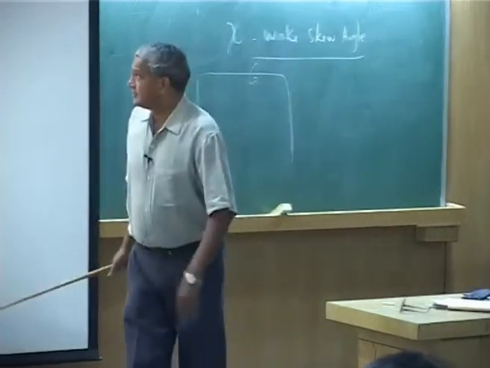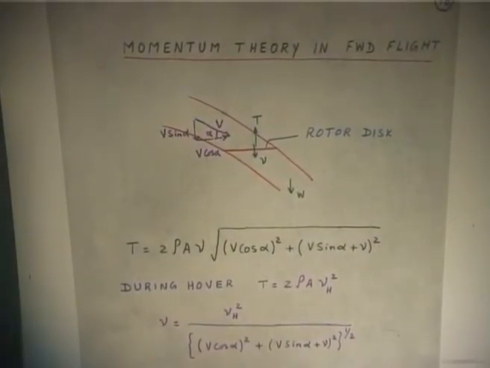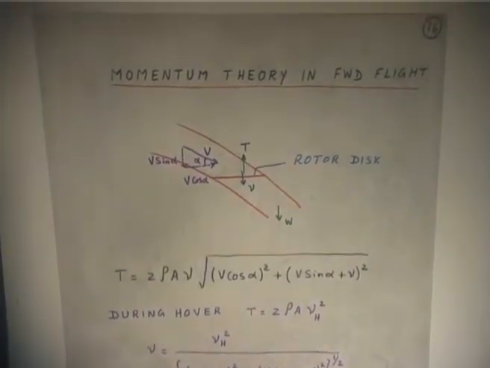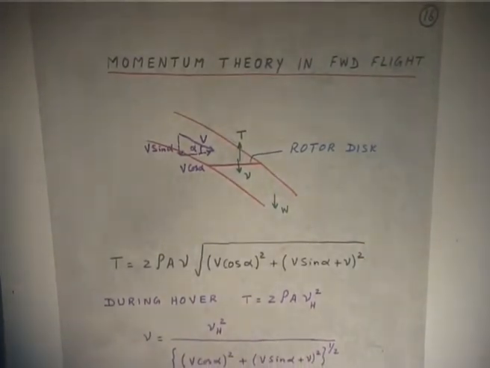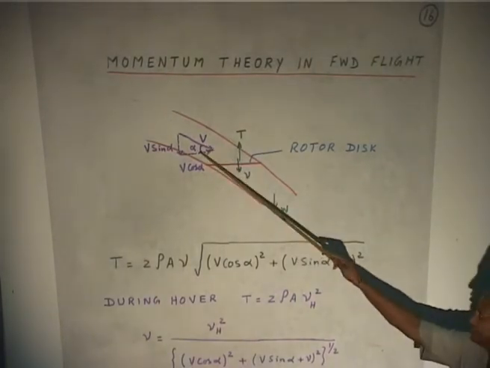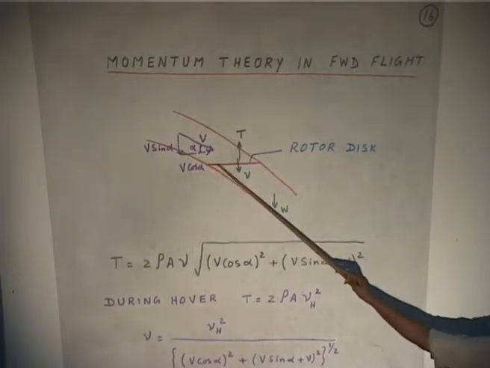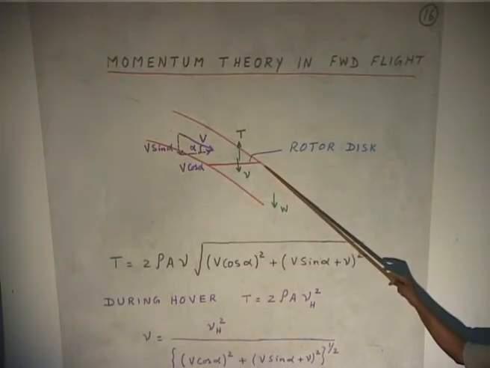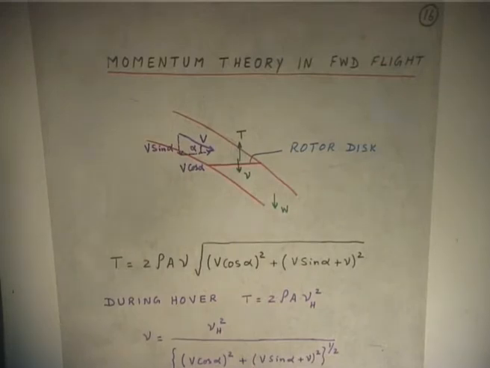So, that is the reason why I gave this as the velocity of the oncoming flow to the rotor disc, please understand. The rotor disc is not moving like this, the rotor disc is moving like this, okay, up. Now, you divide this into components, one parallel to the rotor disc, another perpendicular to the rotor disc. So, V cos alpha, V sin alpha, okay.